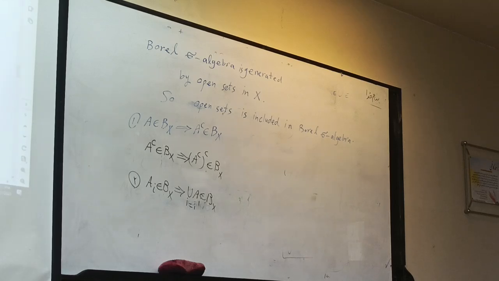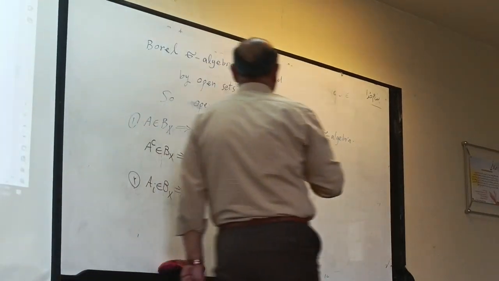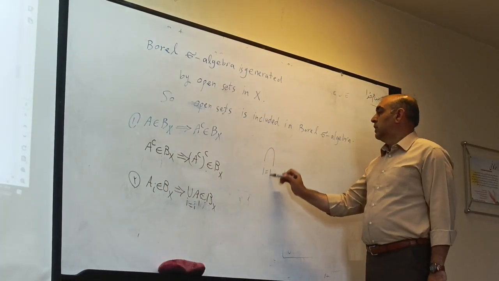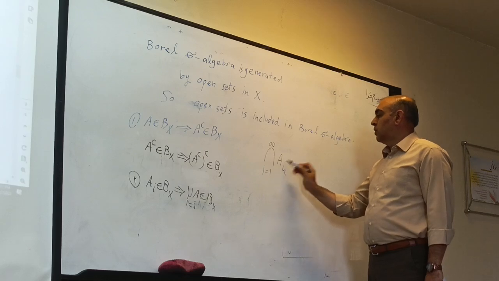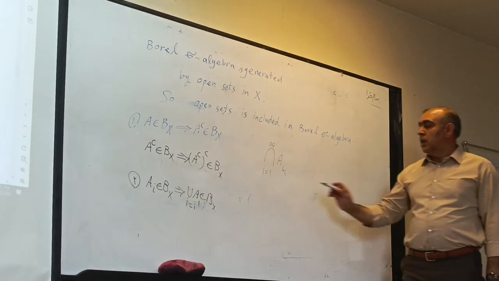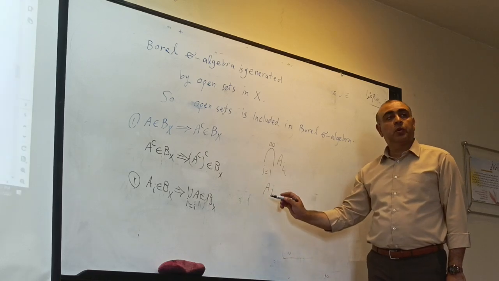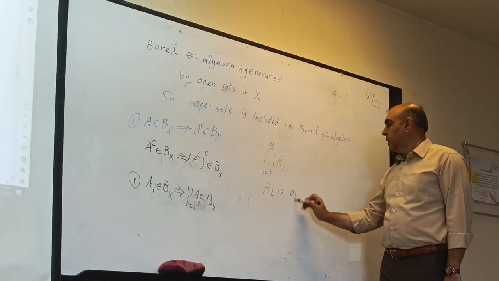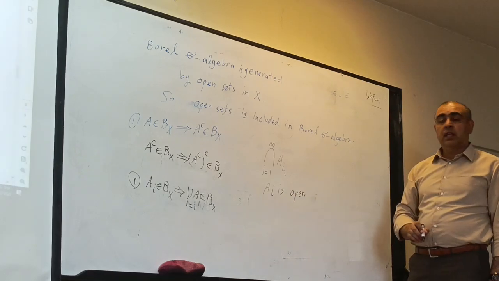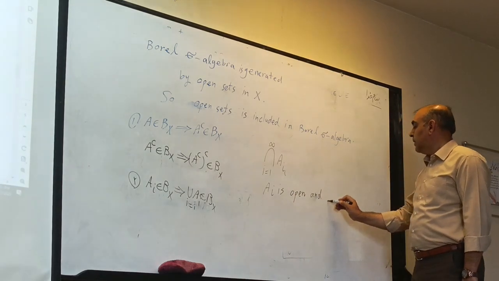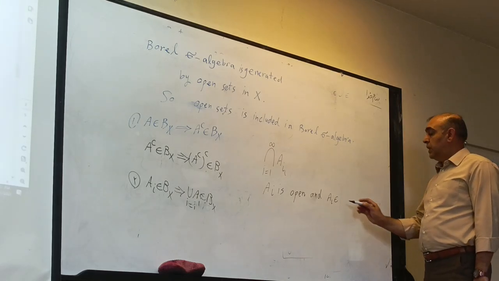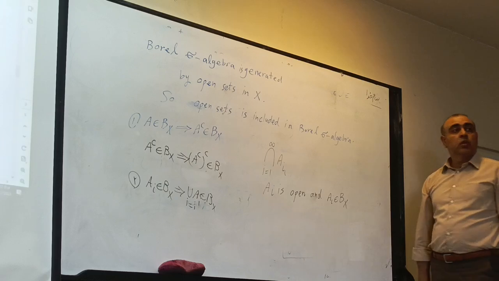Can you prove it? For example, a countable intersection of open sets. Suppose each Ai is open and belongs to Bx.